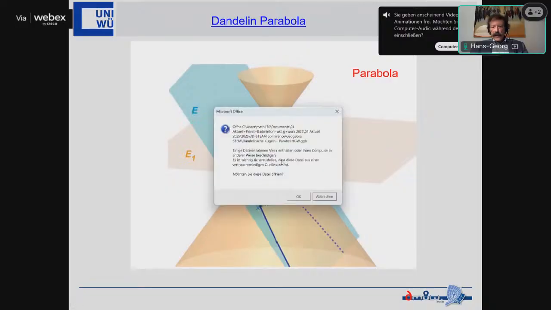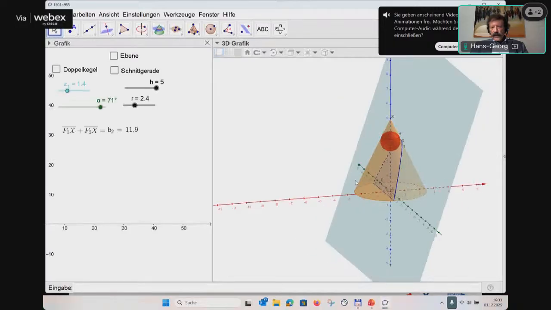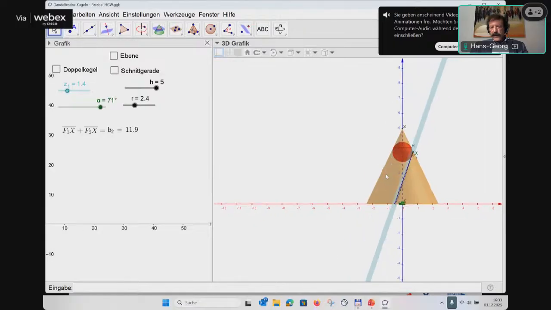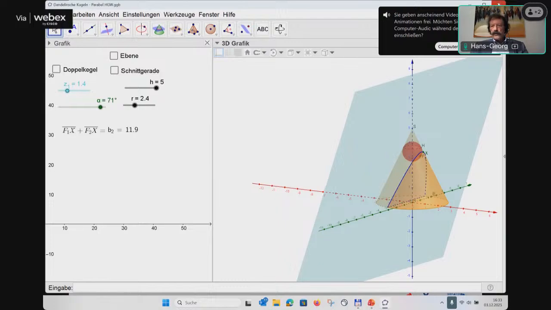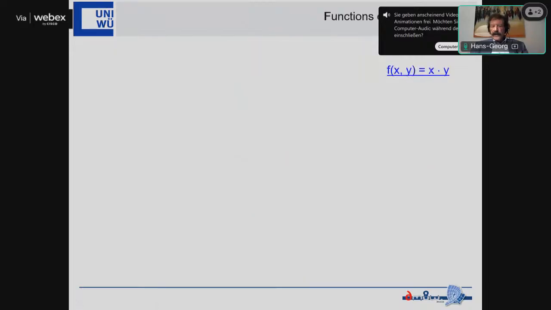Maybe I have done a simulation in GeoGebra. It's easy to see that this plane is parallel to the side of the cone, and you only have one sphere, and then you can show that this is a parabola. We don't want to do this in detail now, but it's again an example of the 3D-2D transformation or relationship.